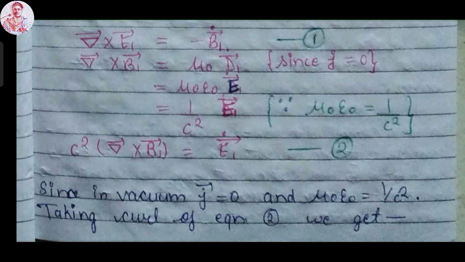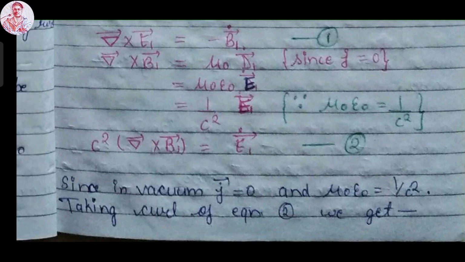Since in the vacuum the current density J should be 0, the electric displacement vector is equal to epsilon naught times vector E. Then the equation becomes mu 0 epsilon naught E dot, and the value of mu 0 epsilon naught is 1 over c square. After substituting, we get c square del cross B is equal to E dot. Let's take this as equation number 2.